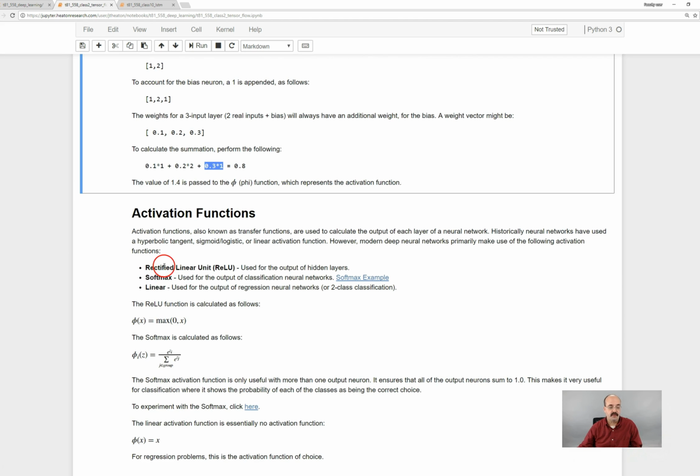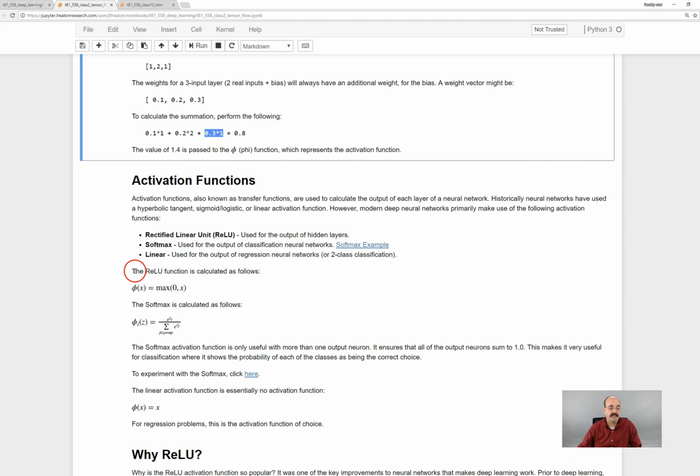Like I showed you earlier, we have 3 activation functions that we deal with. There's actually quite a few activation functions for neural networks. However, it's mostly converged to using the rectified linear unit, the softmax, and the linear. The rectified linear unit is, like I said, the maximum of 0 and x.